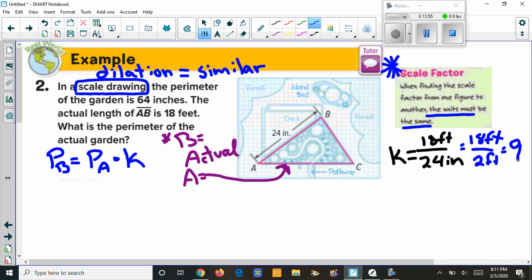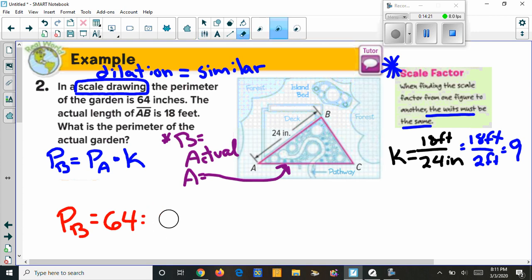Now, let's go ahead and see about filling in all these pieces. So, the perimeter for the actual garden is equal to the perimeter of the scale drawing, that's 64, is equal to, I'm sorry, back it up.